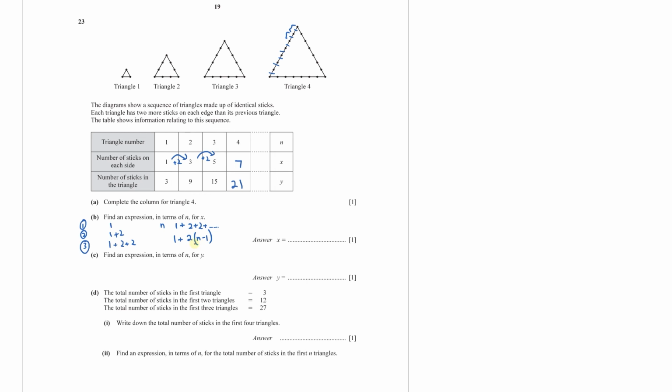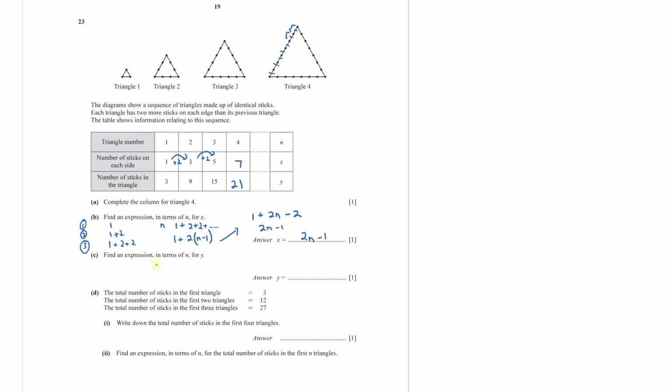For the third term you're adding two 2's, for the second term one 2, and for the first term zero 2's. Now I can simplify this expression: 1 plus 2n minus 2, which becomes 2n minus 1. So your nth term, which is x, is x equals 2n minus 1.